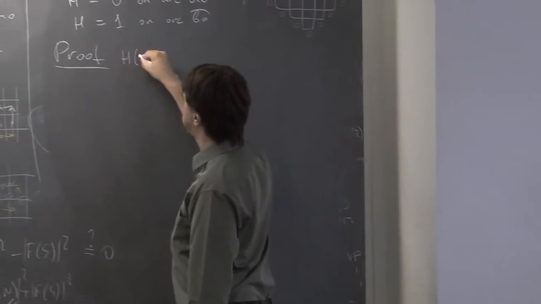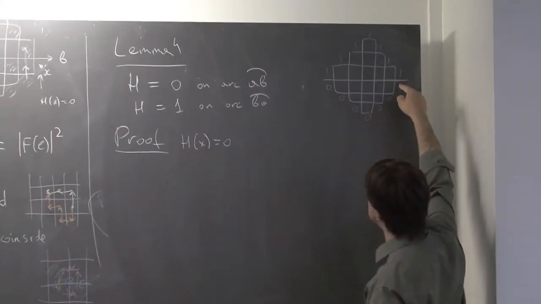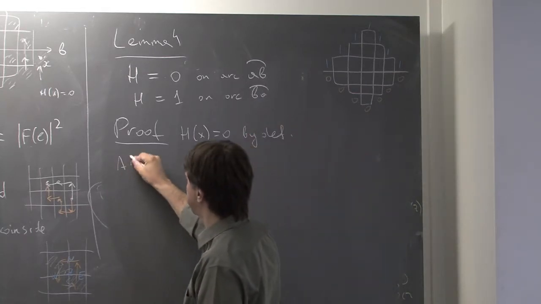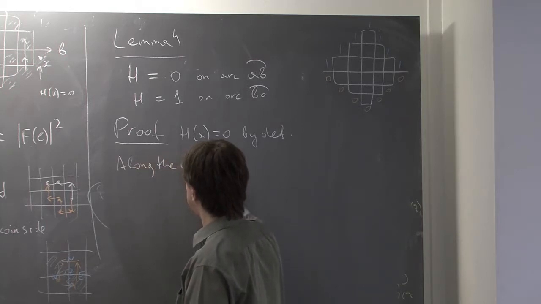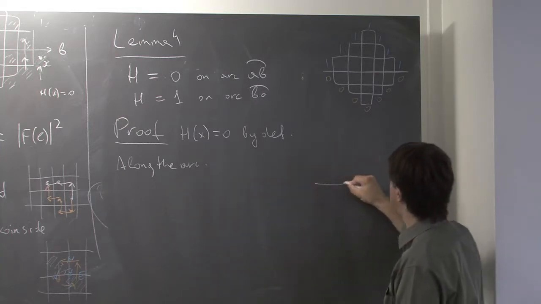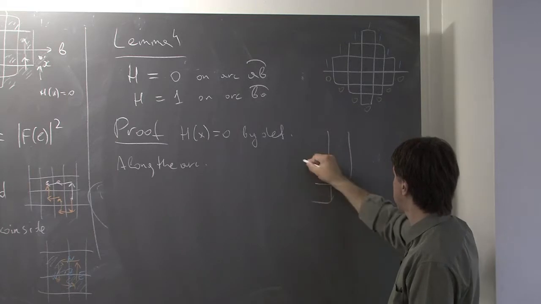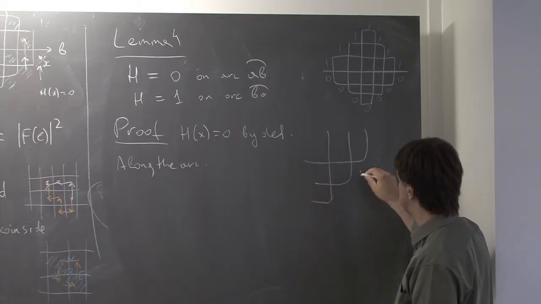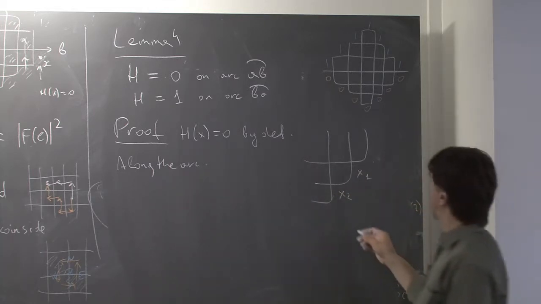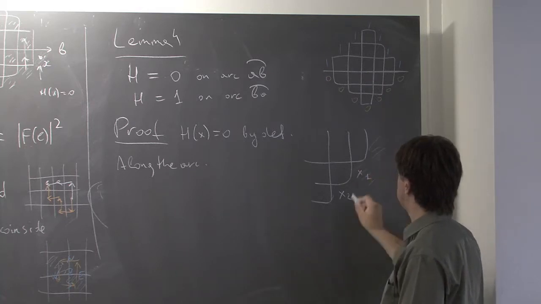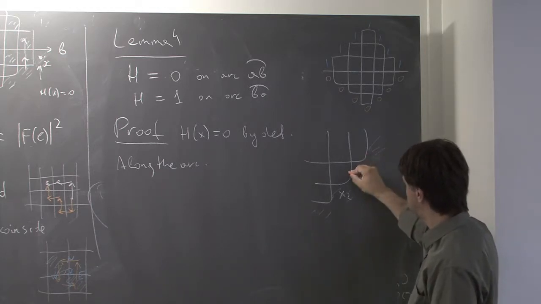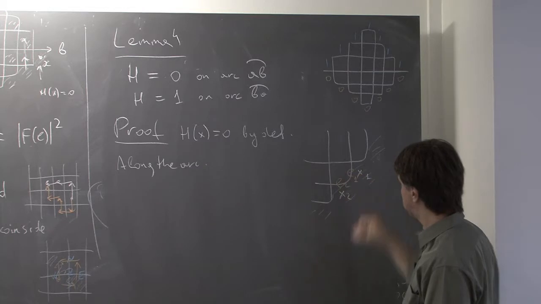So we started with H of x, x being this point, by definition. Now, what happens along the boundary arc? If we travel along the boundary arc, suppose we have two points, let's say x1, x2, so it's all colored in black. And I would denote these two edges, let's say E1 and E2.